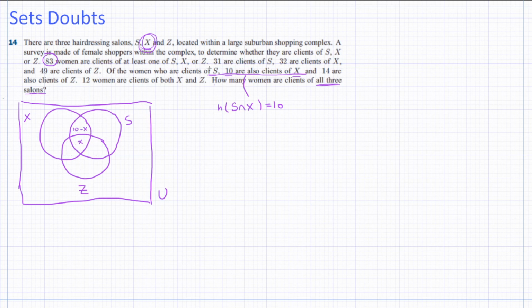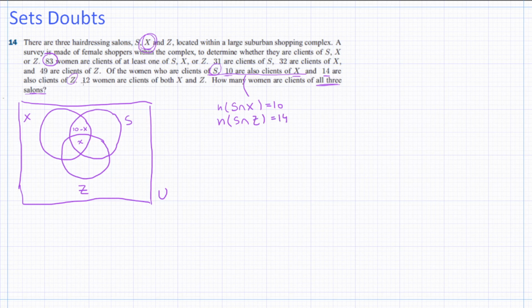We are told that of the women who are clients of S, 14 of them are also clients of Z. So if 14 women are clients of S and Z, this is what this means.